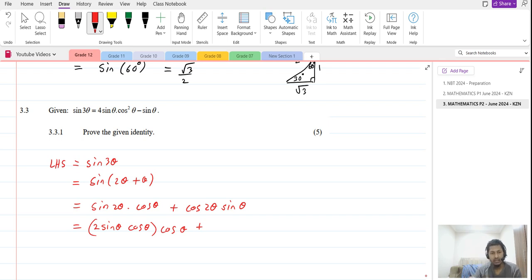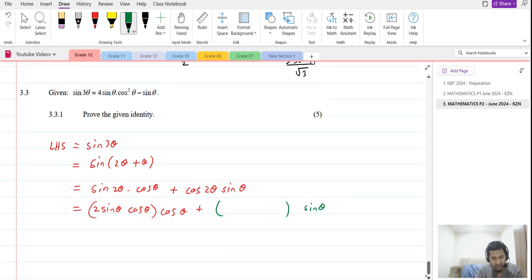Okay, let's write this in terms of cos, because we have 4 sine theta cos square theta here. That's a problem now. Which one should you write? Because over here, just hold on with this, there are 3 identities for cos double angle. So we're going to figure out which one to put there. I'll show you how to figure it out.